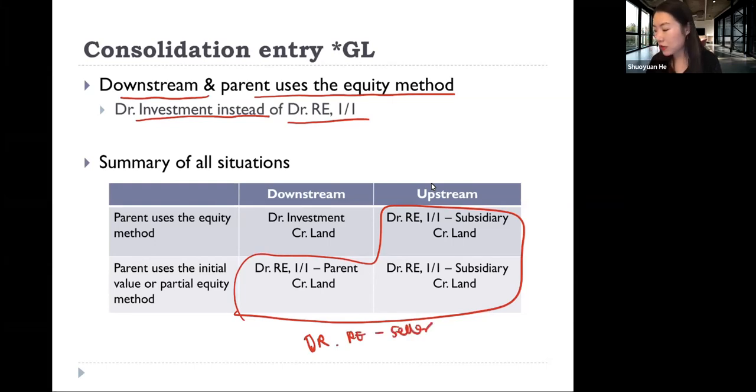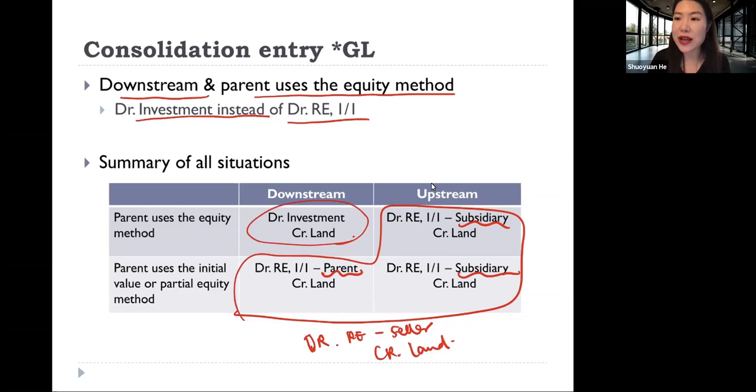If it is downstream, the seller is the parent. If it is upstream, the seller is the subsidiary. And we credit land. The exception is, if the parent uses the equity method and it is a downstream transfer, we debit the investment account instead.